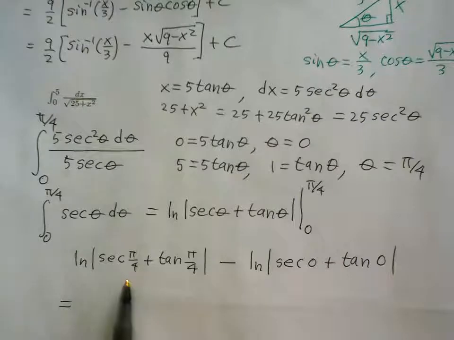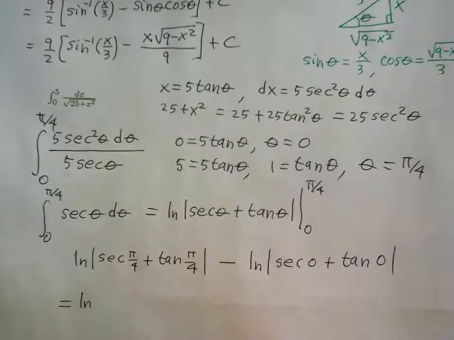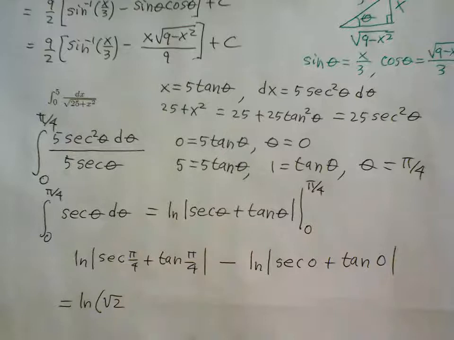Secant of pi over 4, well, remember, secant is the reciprocal of cosine. We know that cosine of pi over 4 is 1 over the square root of 2. So the secant of pi over 4 is the reciprocal of 1 over the square root of 2, or the square root of 2. Tangent of pi over 4 is 1. So we get the natural log of the square root of 2 plus 1.